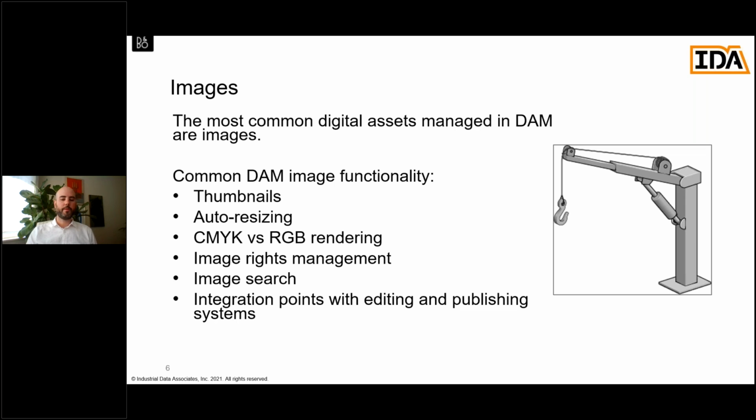So one of the really important parts of DAM, and we're going to explore this as well in more detail, is integrating DAM with other content consuming systems. So whether you're publishing that to a website or you're going to publish it to another piece of software to edit the images, those integration points tend to be a really important part of DAM.